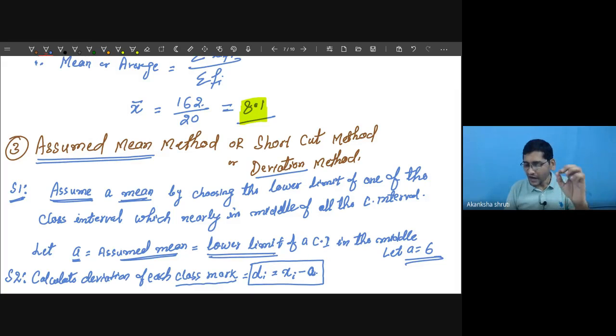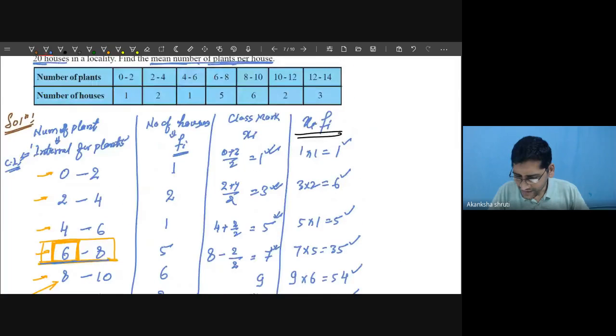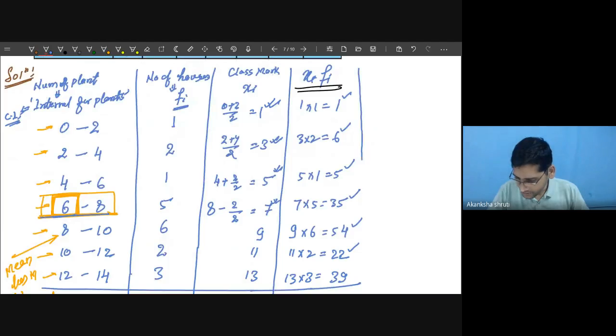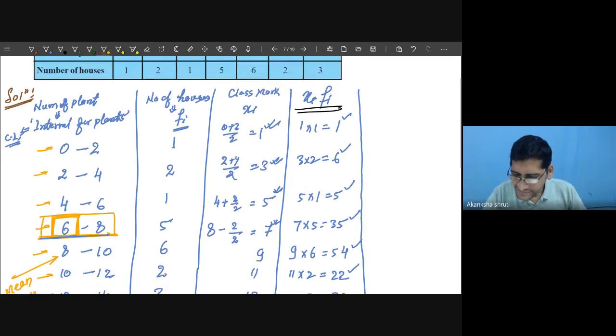After this, if we consider here, what shall I do? I shall make another table. In this, if I want to apply the step deviation method, then I shall take let a is equal to 6, and we write di as xi minus 6 for each one.